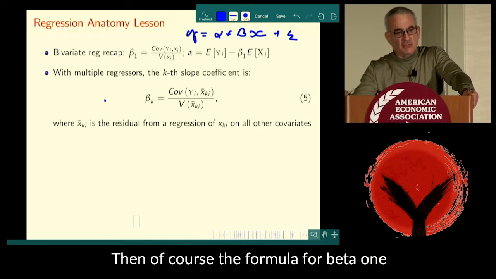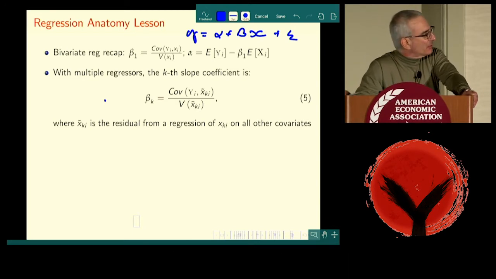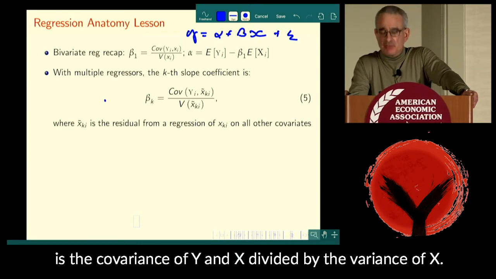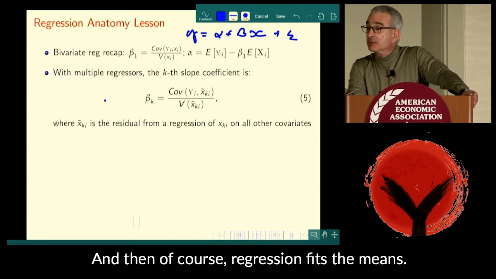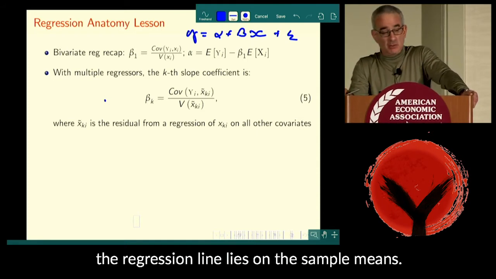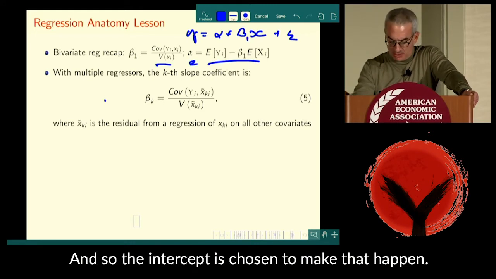Then the formula for beta 1, as everybody will have known at some point, even if they don't remember today, is the covariance of y and x divided by the variance of x. And then, of course, regression fits the means. The regression line lies on the sample means, and so the intercept is chosen to make that happen.